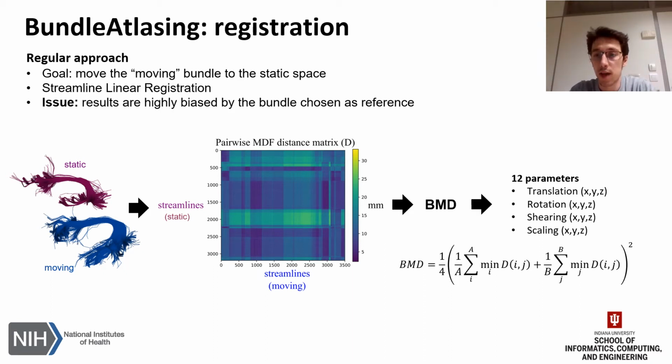But if you think carefully about that, when we are trying to create a new atlas and we are applying our pairwise tree registration and combination strategy, we have no clear static bundle. We want all bundles to contribute equally to the procedure. So it's an issue for us to have a result that is so biased by the bundle that is chosen to be the static.